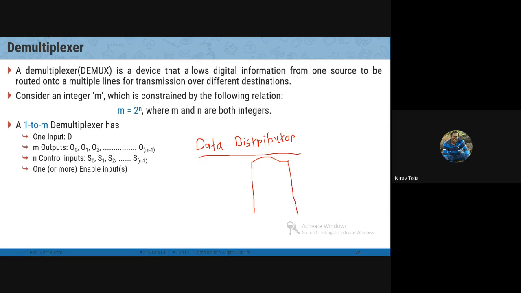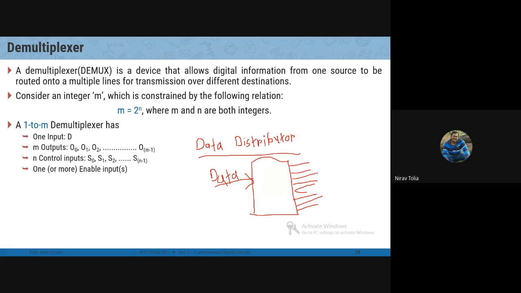Suppose in demux we have a single input only. So this is my data input, you can say. But that input can be distributed to several outputs.